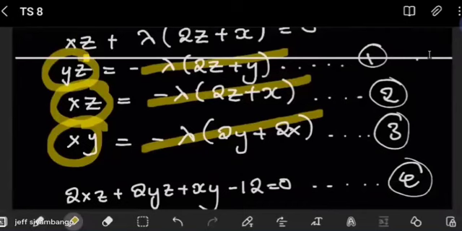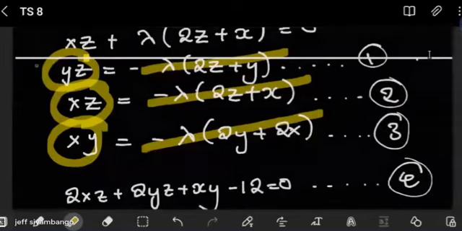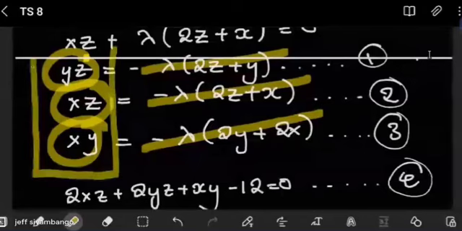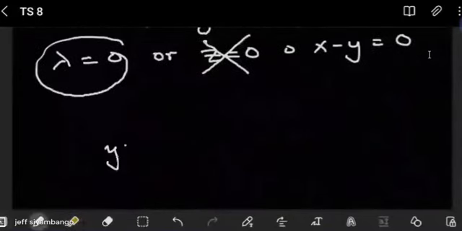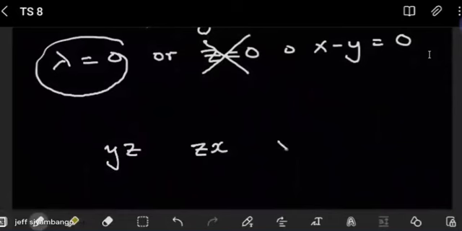But that cannot work as well, because we must have the total surface area to be 12. Notice that the left-hand side here is actually just giving the surface area of the sides. What do I mean by the sides? Notice that what we have here is YZ, and the other one is ZX, and the other one is XY.